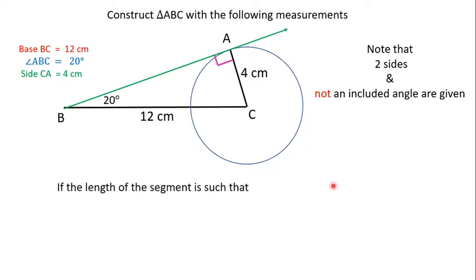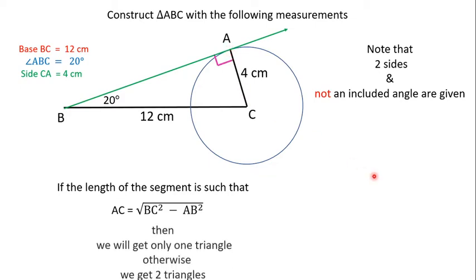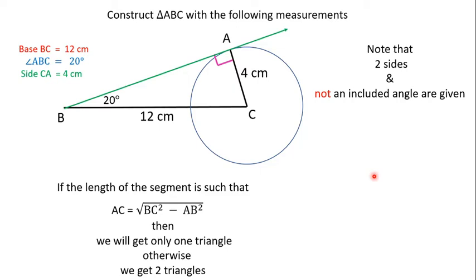If the length of the line segment AC is such that it is the square root of BC square minus AB square, and this measurement is given to us, then we can infer that we will get only one triangle; otherwise we are going to get two triangles.